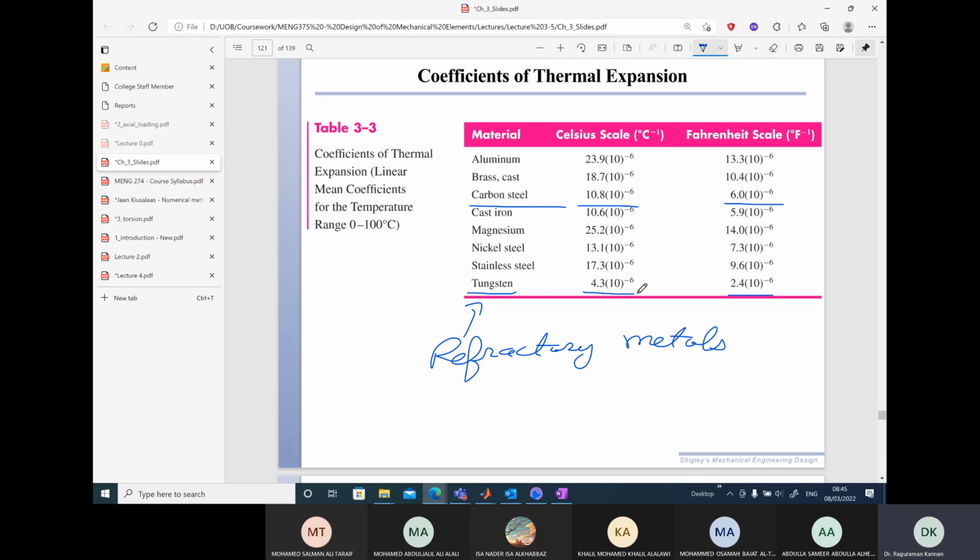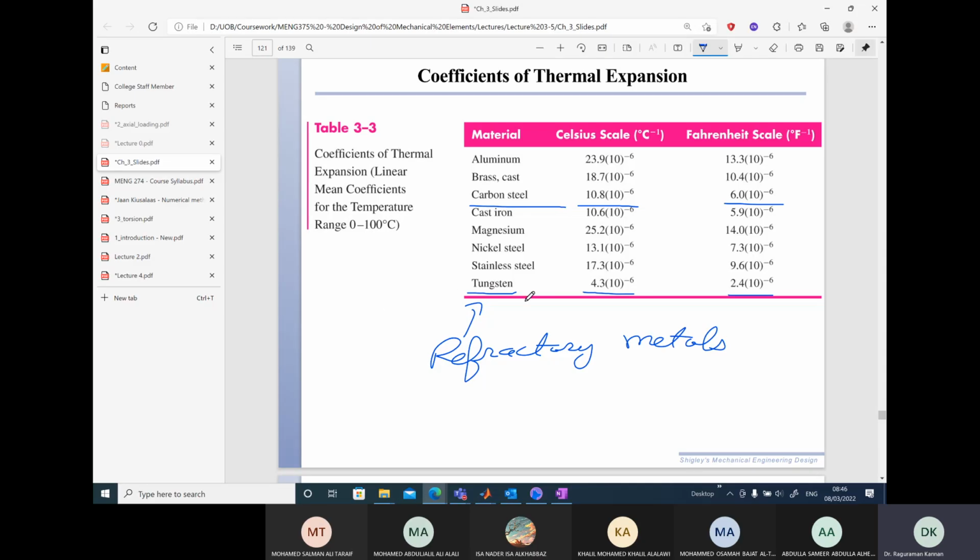We can have a tungsten coating onto a particular metal if you want high resistance to wear and tear in high temperature. Tungsten is also used in nuclear power plants, inside where the nuclear reaction takes place. A coating of this material on top of steel can be used.